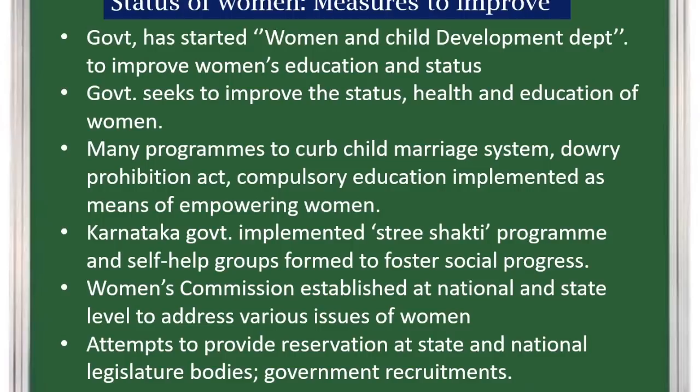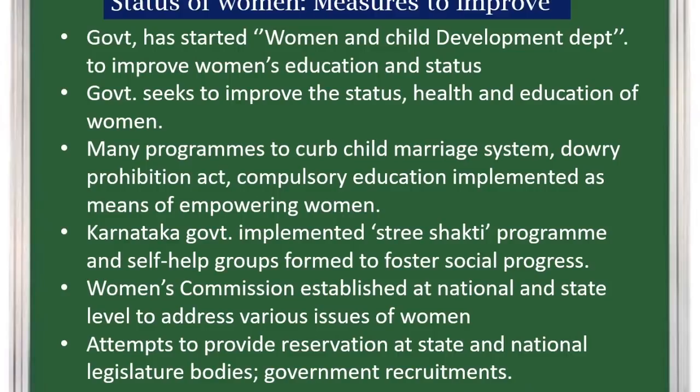In order to improve the status of women, the government has started the Women and Child Development Department. The main objective of this department is to improve women's education and status. Government seeks to improve the status, health and education of women.